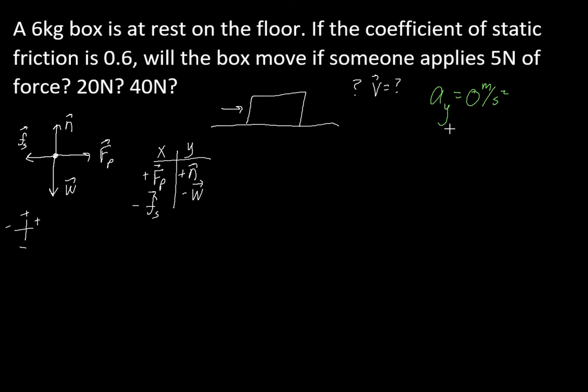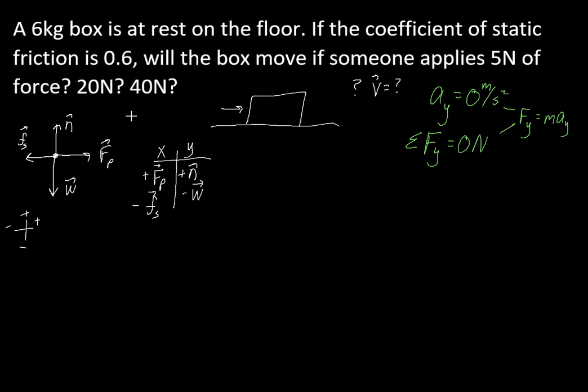So I can confidently say that the acceleration in the y direction is 0. Well, if the acceleration in the y direction is 0, that means the sum of all the forces in the y direction should also be 0. And that comes from F equals ma, where if the acceleration is 0, then the net force is 0 as well in the y direction.